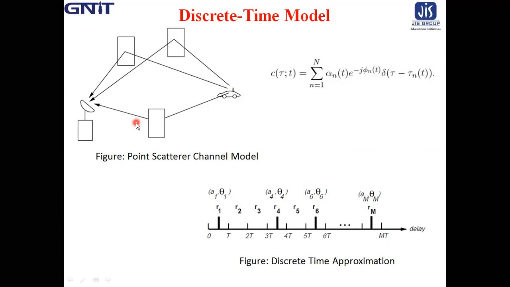Therefore, the channel model is modified to include a fixed number N plus 1 of these subpath clusters as c(tau, t) equal to the sum over n from 1 to N of alpha n(t) e to the power minus j phi n(t) multiplied with the impulse delta(tau minus tau n(t)).